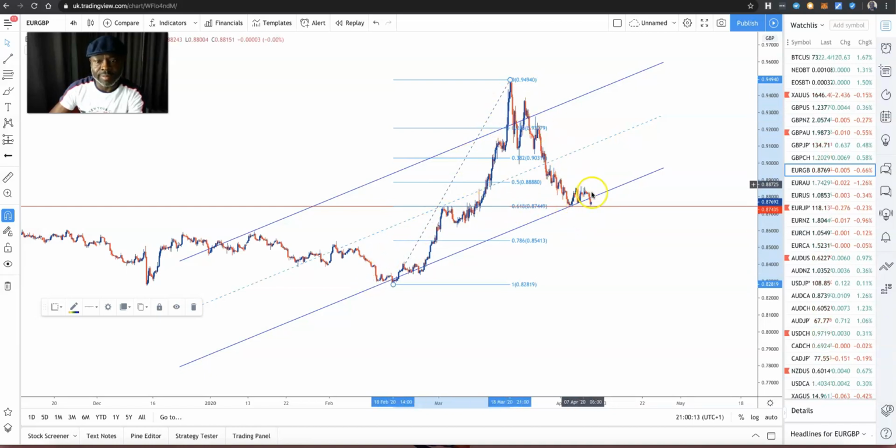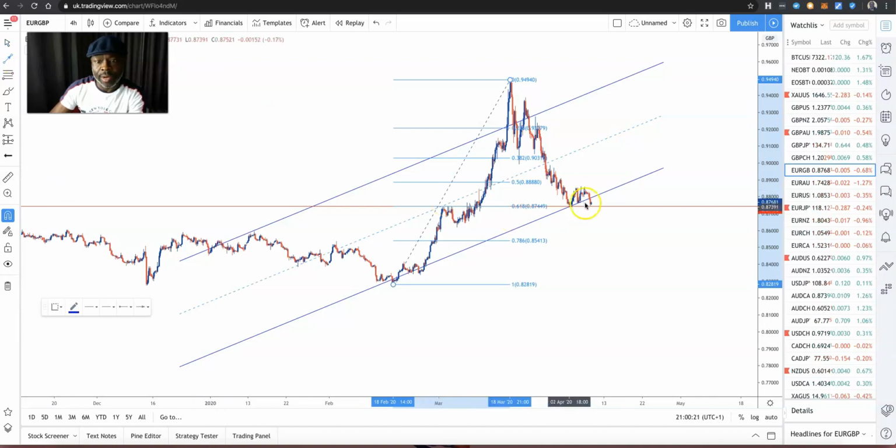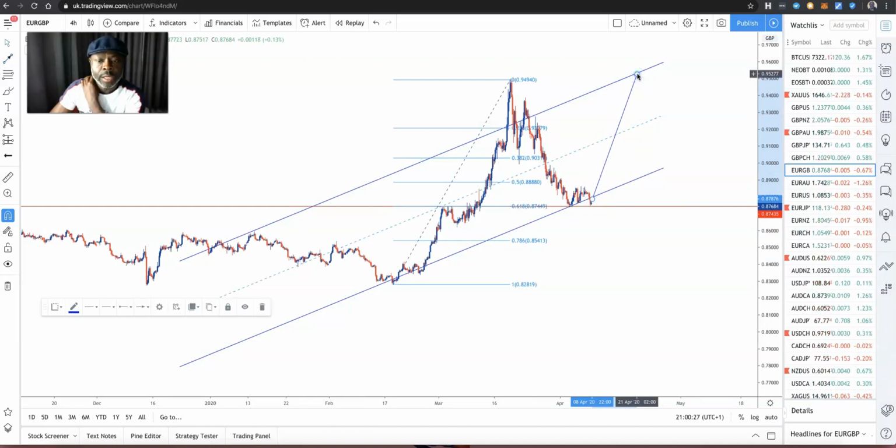So this tells me that it's probably going to continue on its way up. Okay, so I'm going to draw this arrow here, and I'm thinking this is going to take off from here and go all the way up here somewhere. That will be my trade idea, to buy around this zone, around this price area, and then move up.